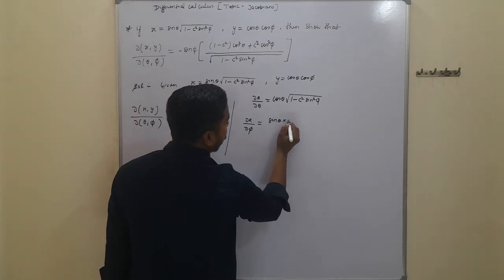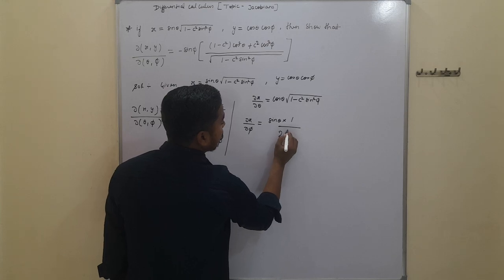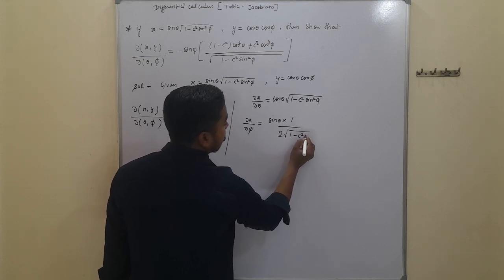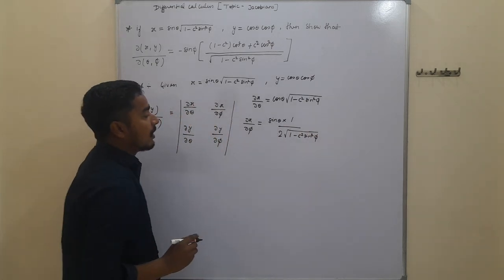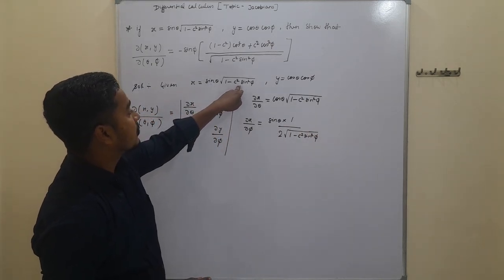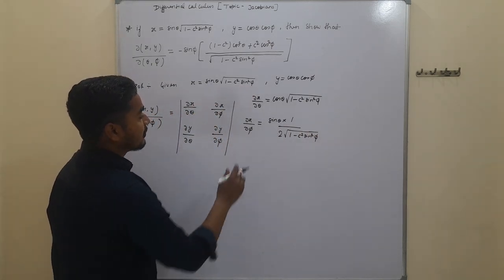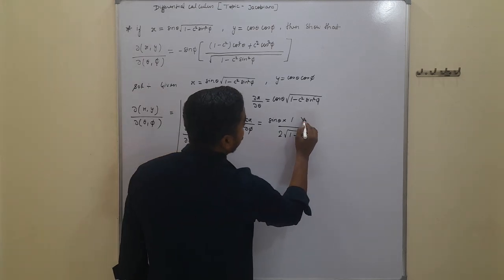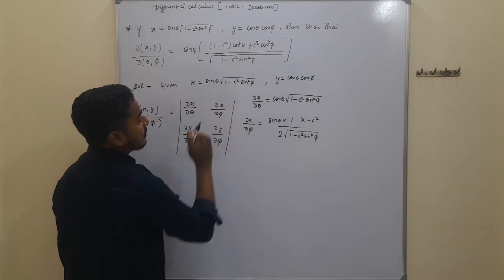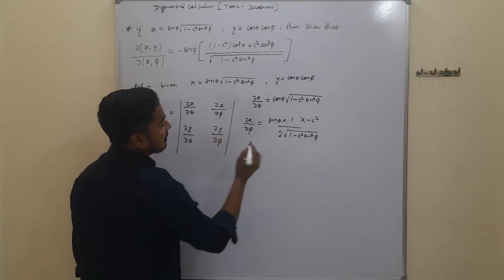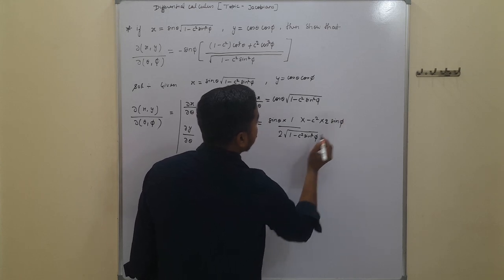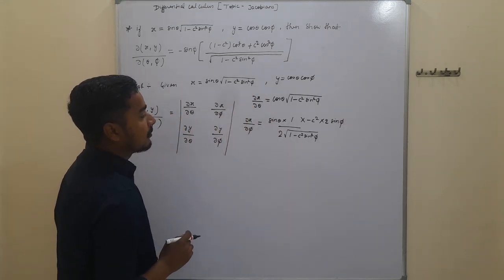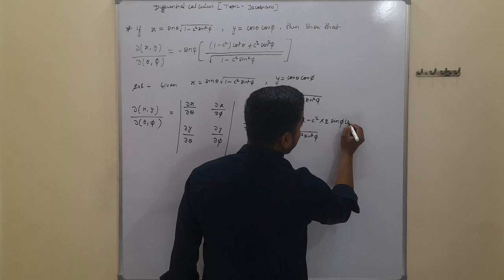So we write 1 upon 2 root of 1 minus c square sin square phi, and again differentiate inside the root with respect to phi. This gives minus c square is constant, and sin square phi differentiated with respect to phi gives 2 sin phi, and again sin phi differentiated with respect to phi gives cos phi.